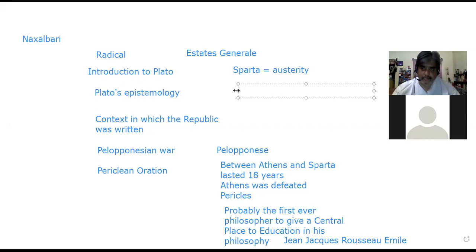Executive, legislature, and judiciary. Is that so? Yes, I think they are the estates. This is 1789, ma'am. We didn't have executive and judiciary and all this properly.